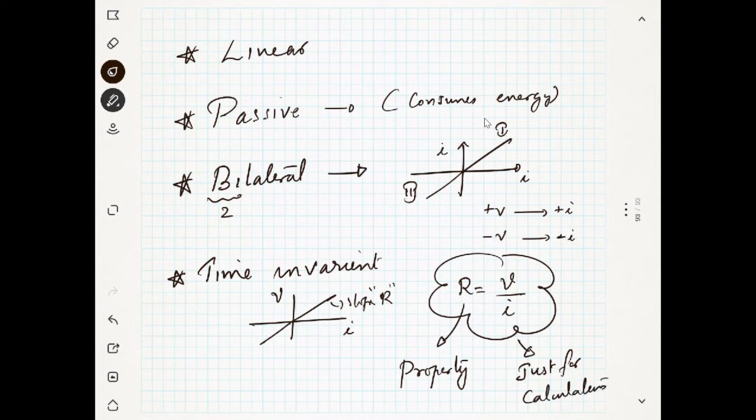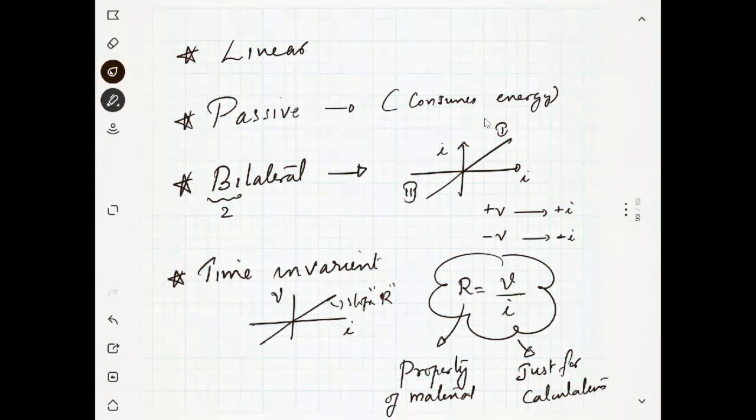So don't think that resistance is the property of voltage and current. Even though the formula shows V over I, it is not the property of the voltage and current. It is the property of the material. The formula V over I is meant for calculation. This is how you can calculate. Is it clear to you?